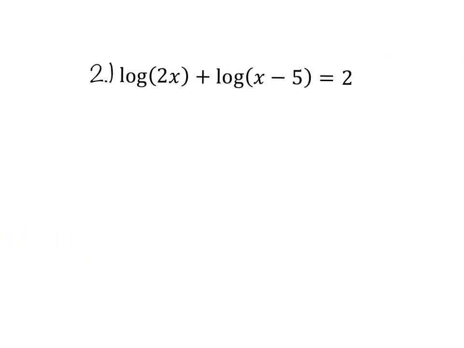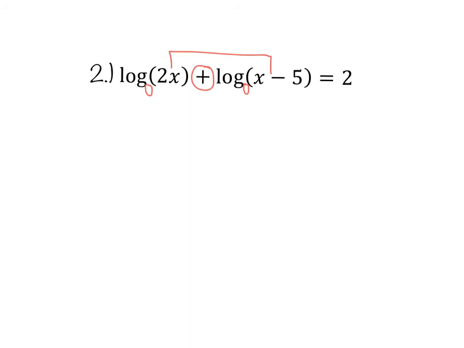Again, here's an example where, because these both have the same base, base 10, we can use our log properties. Because this is addition, that means we can change these over to multiplication and combine them into one single log. You can't solve a logarithmic equation if there are multiple logs on the same side.